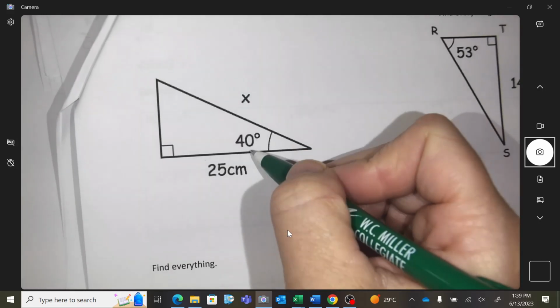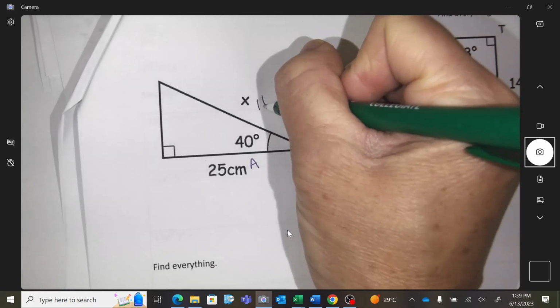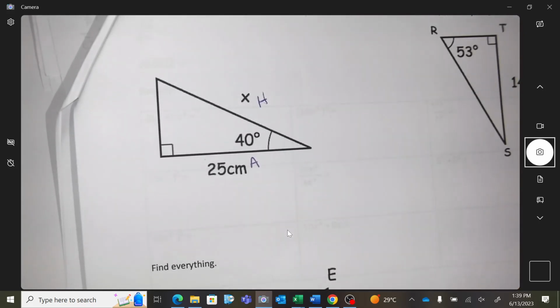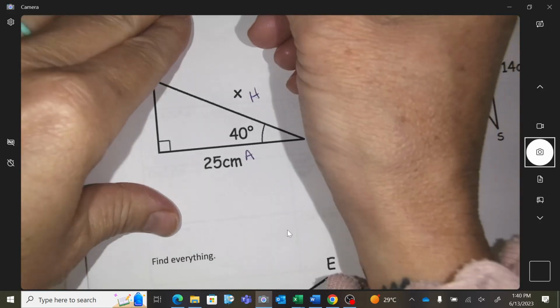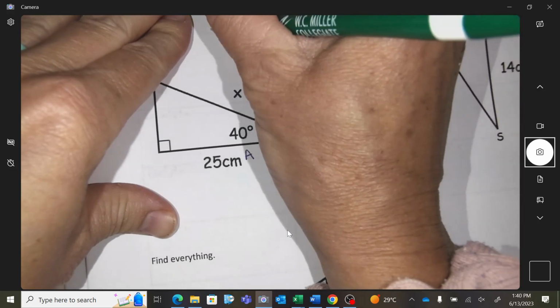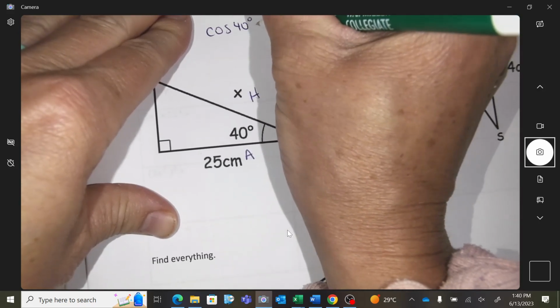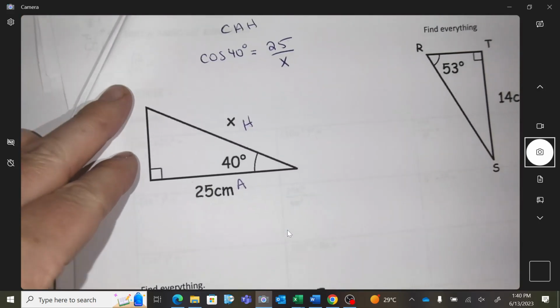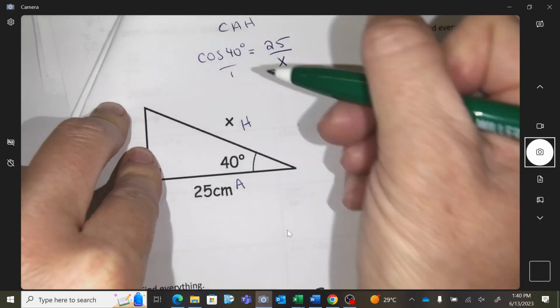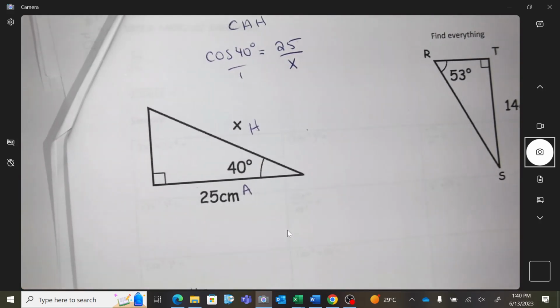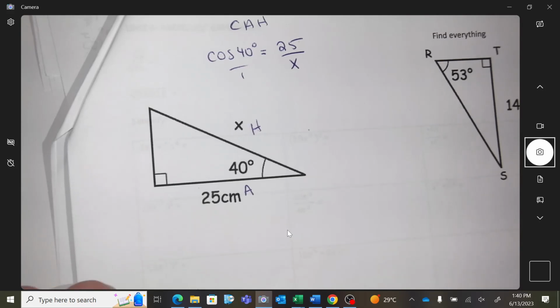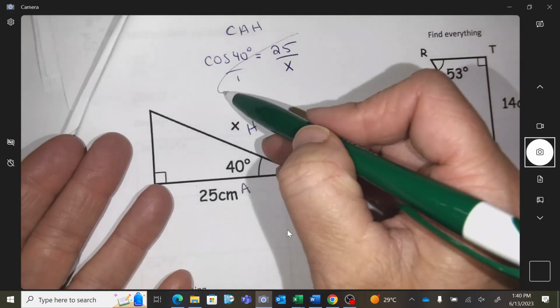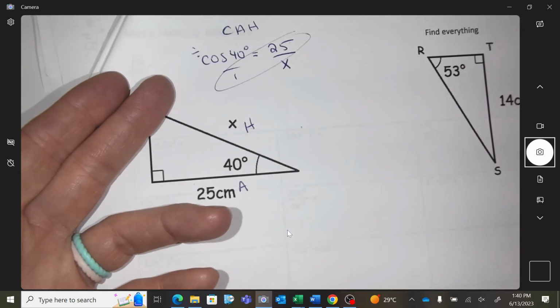Okay, finding x. SOHCAH or TOA. So this is the A, this is the H. So we're going to do a CAH system. So cos of 40-degree angle equals A over H. I'm going to throw this over top of 1. This one is different in the fact that what am I going to do? Timesing, and then I'm going to have to complete that with a divide.